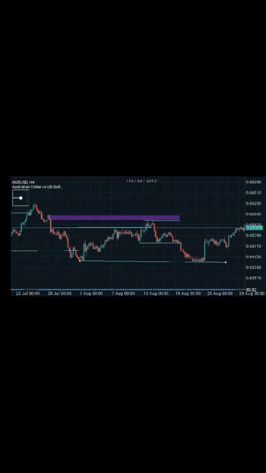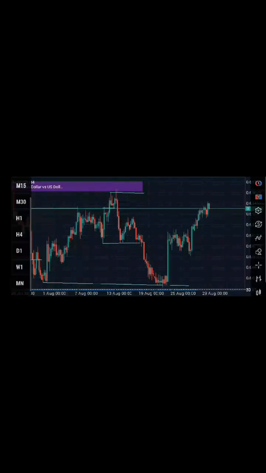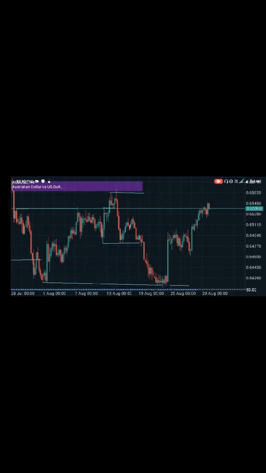So after this break of structure, we can see that price failed to break below this previous low. We just did some stop hunt, whereas we had this buy side liquidity resting above that high. And above this buy side liquidity, we have an imbalance also. And on top of this imbalance, we have this 4-hour order block.